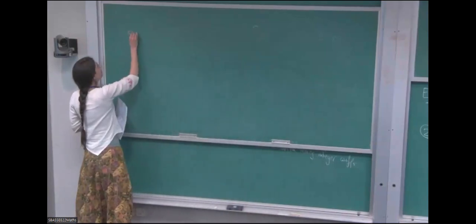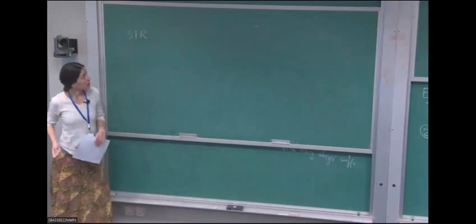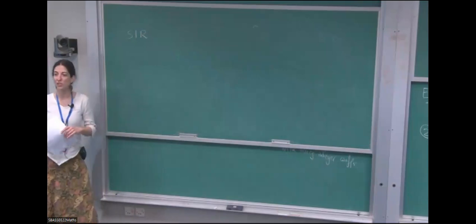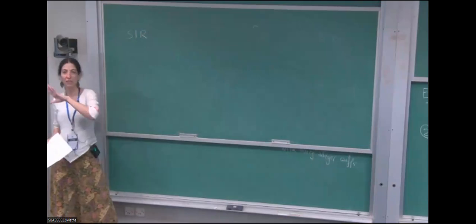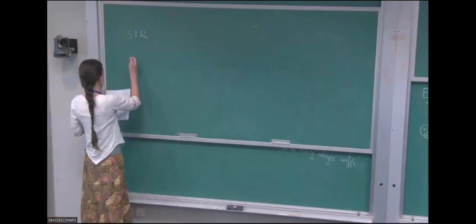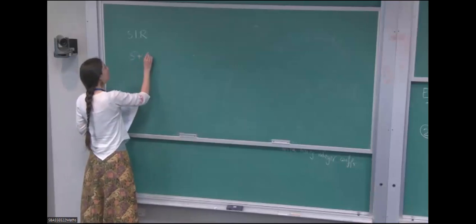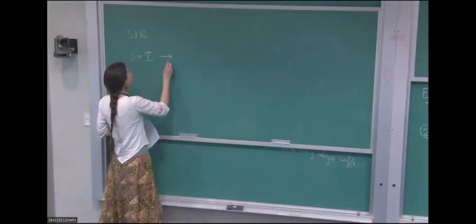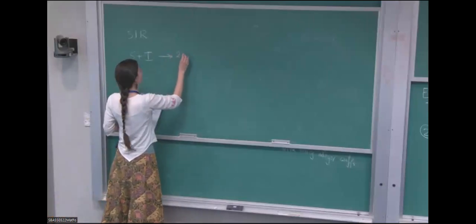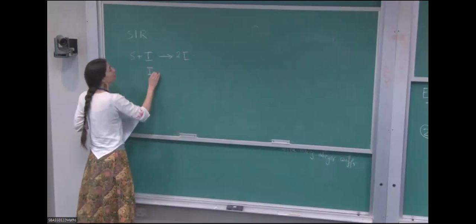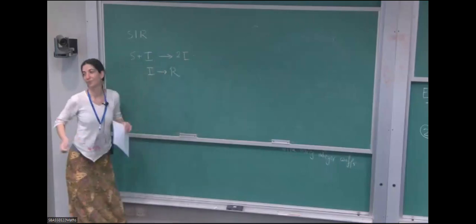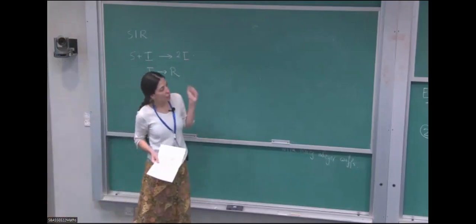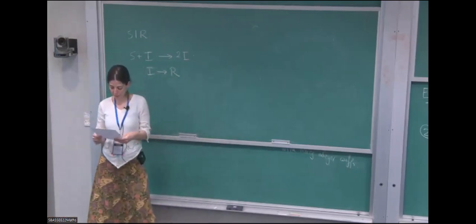So for instance, in epidemiology, these SIR models where you divide the population into susceptible, infected, recovered. Susceptible meets infected, and then you have 2 infected, and the infected get recovered, and more elaborate versions of this. So it can be used really to represent many types of interactions.